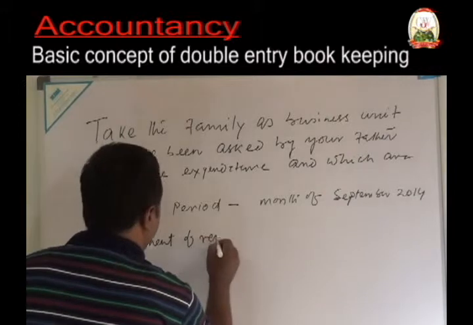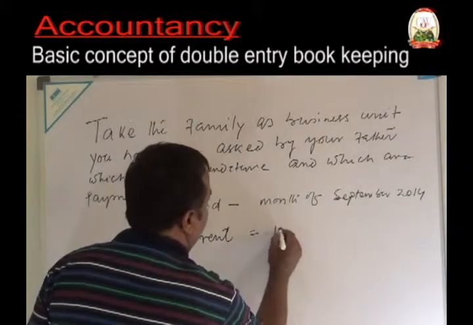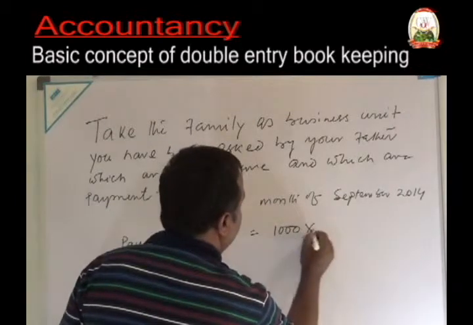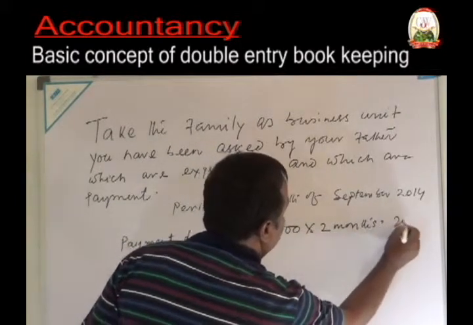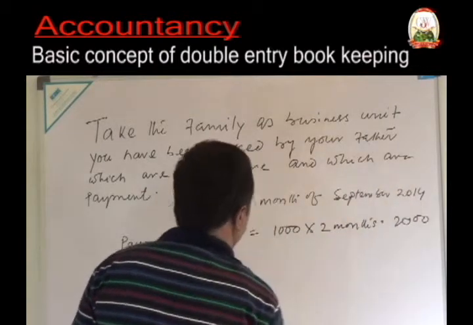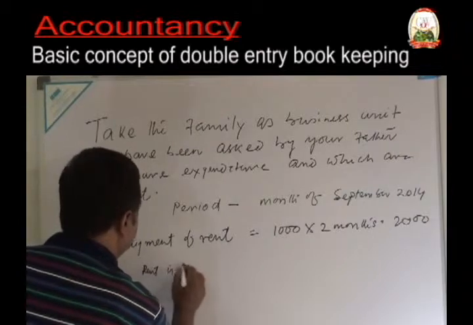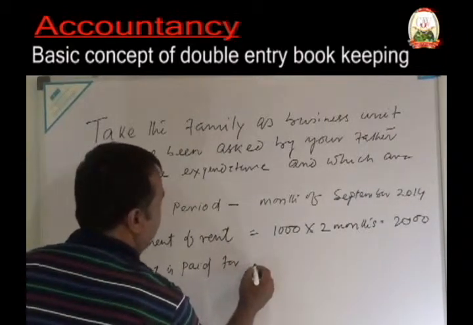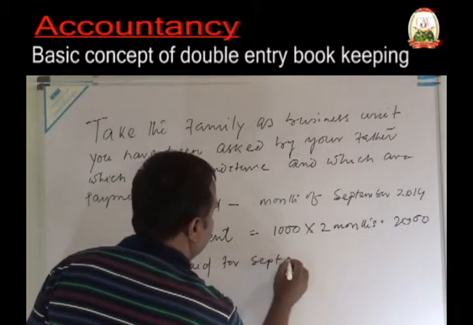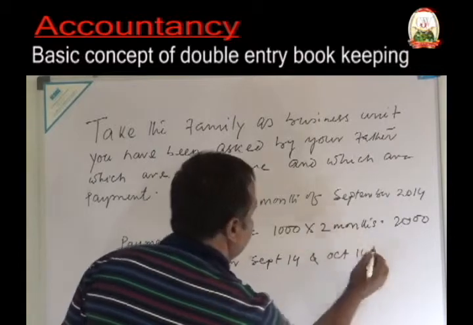Payment of rent equals 1000 into 2 months equals 2000. Rent is paid for September 14 and October 14.